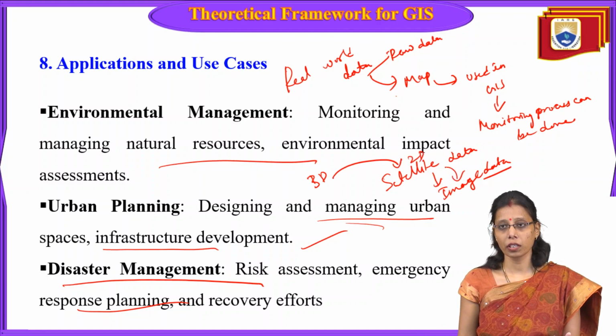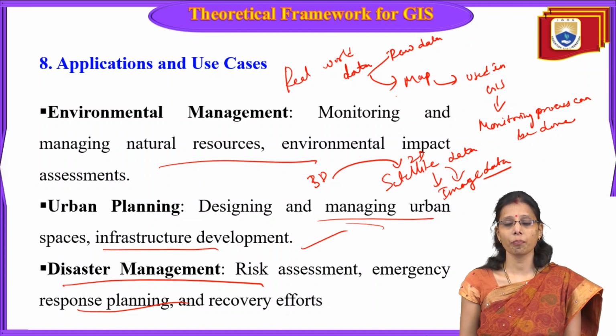Then we can go with this emergency planning, to know which places emergency response can be initiated or immediately activated. Wherever an accident occurs, an immediate response can be given to such areas. So that can happen due to this theoretical framework for GIS.